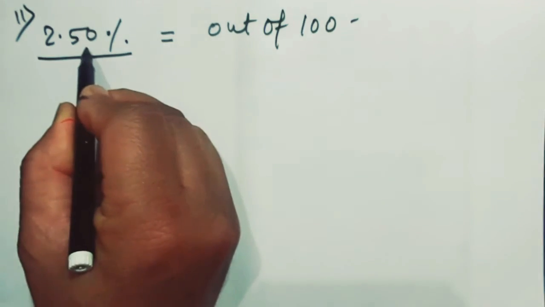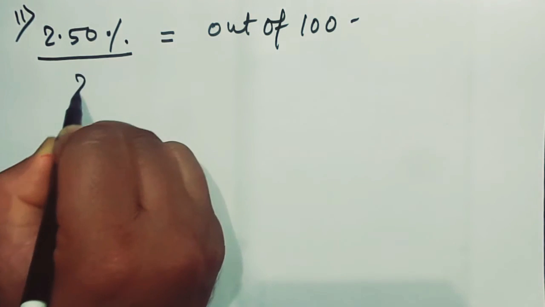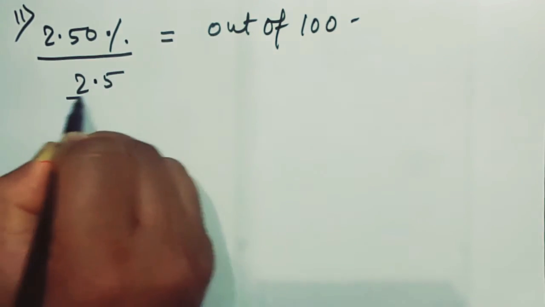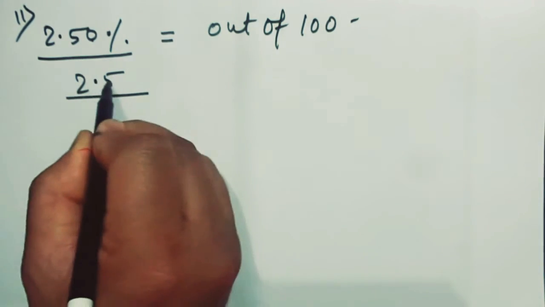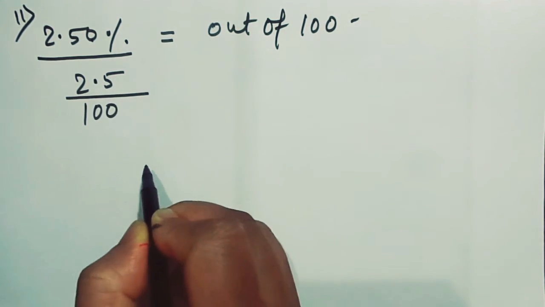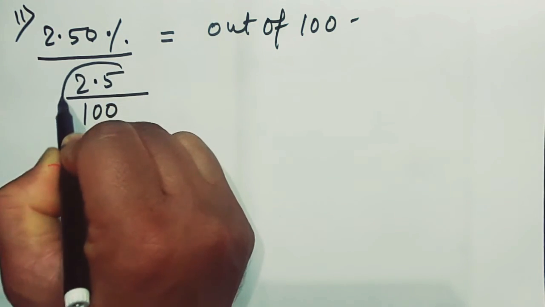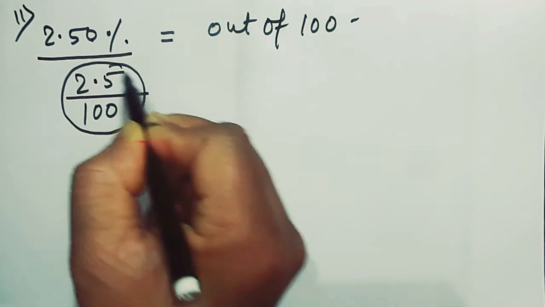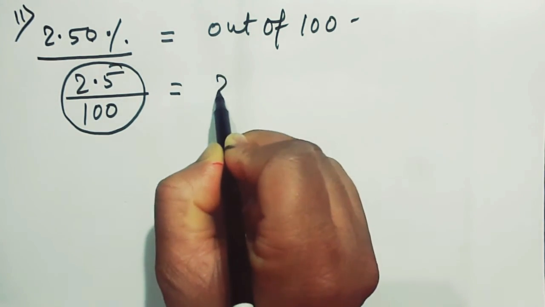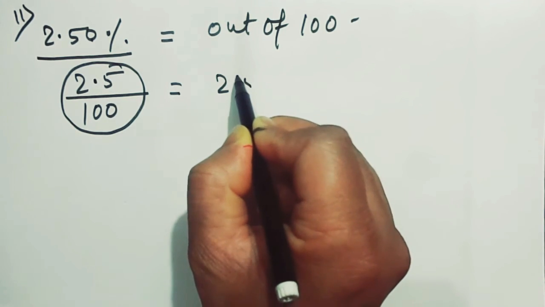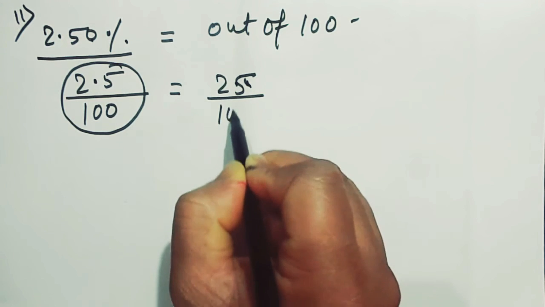So 2.50% means out of 100, this can be written as 2.5, because after the decimal this 0 has no value. So 2.5 by 100. If we solve this removing the decimal, that is 25 by 1000.